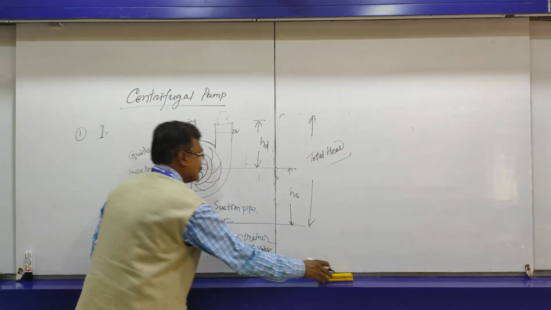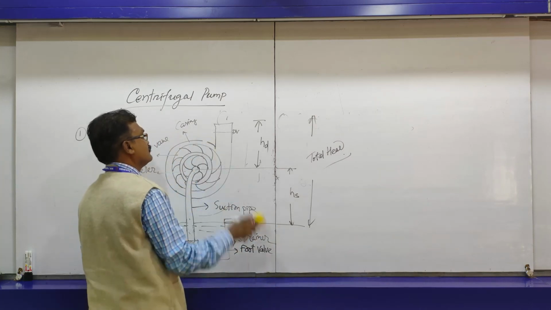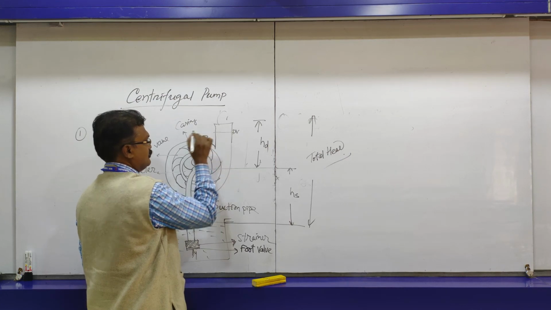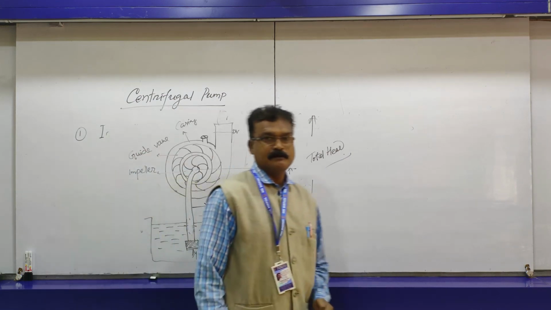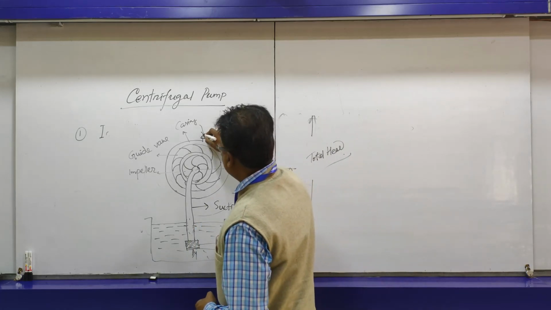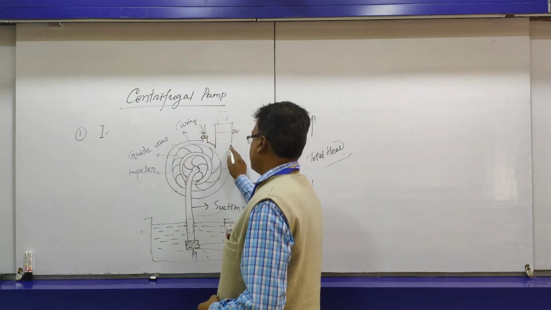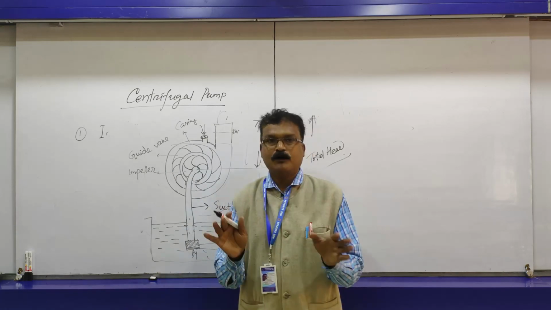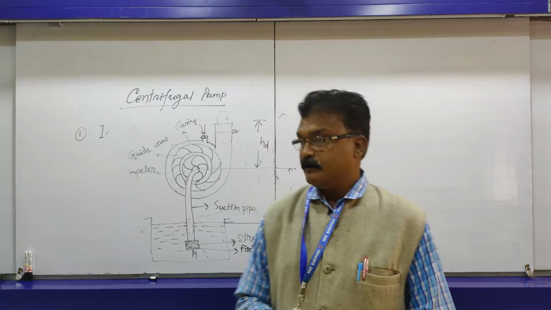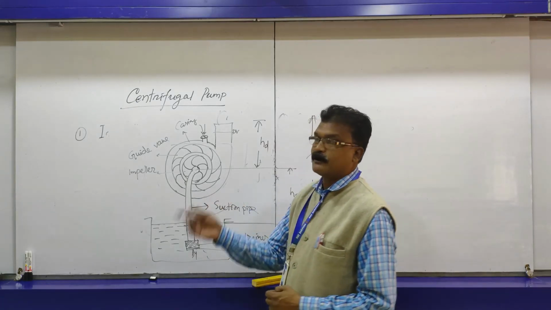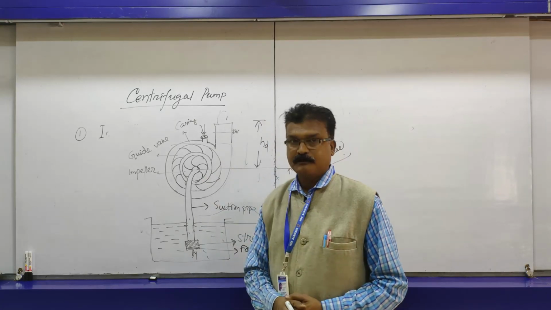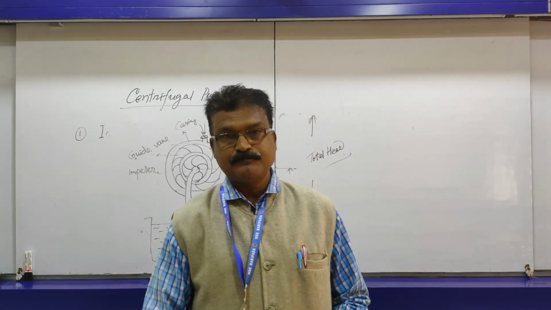For priming, there is a priming screw or priming valve. Before starting the pump, we pour water to fill the casing, to build more pressure energy, which can be converted to kinetic energy and transferred. This is all about the centrifugal pump. This much.